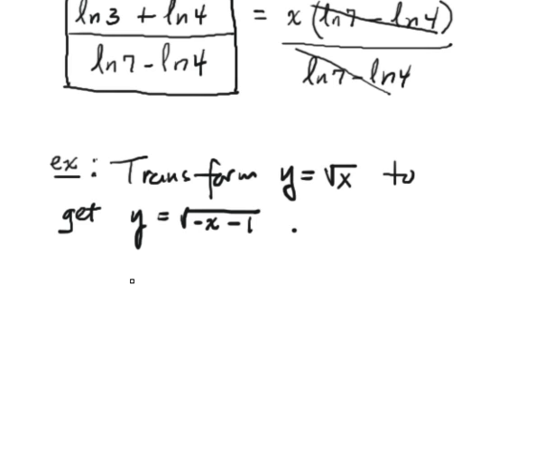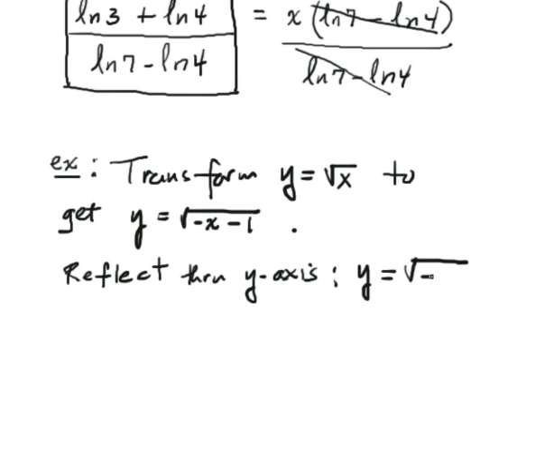So it could be done in the following way. We could first reflect through the y-axis, and reflecting through the y-axis would bring us to y is equal to the square root of minus x. Now how do we get the square root of minus x minus 1? Well, the next step would be a left transformation of 1.